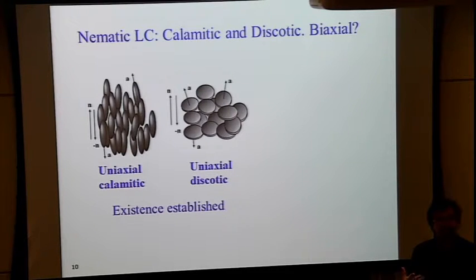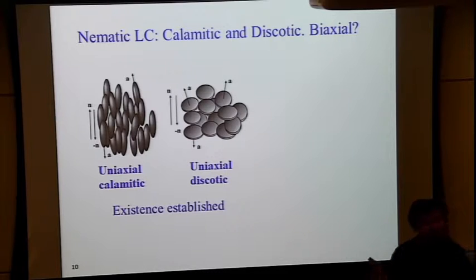So you have a system with a preferred direction of orientation, and this direction is called the director, n. Of course, thermal fluctuations make the individual axes of the molecules at any given time slightly away from this overall direction of n. But this is the collective direction, and it specifies the axis of symmetry of the liquid crystal in the so-called calamitic, or rod-like, case and in the disc-like case.